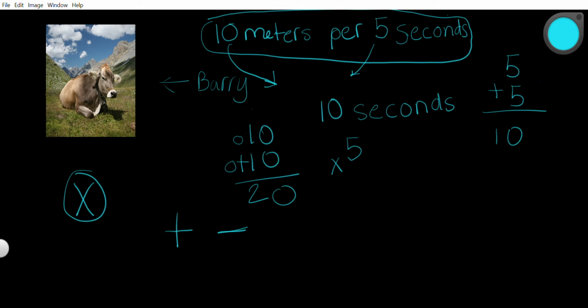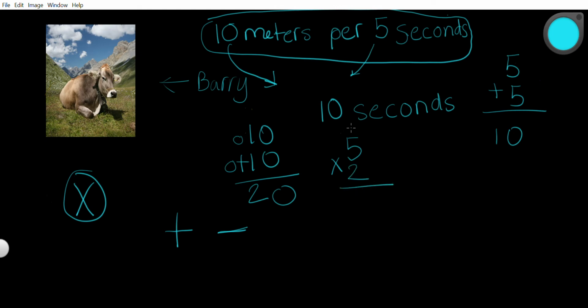But for now, in multiplication, that's the sign that many people use. Sometimes they also use dots. There are many symbols, but the most frequent one is the X.